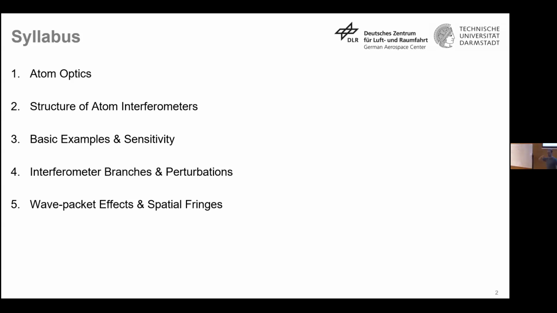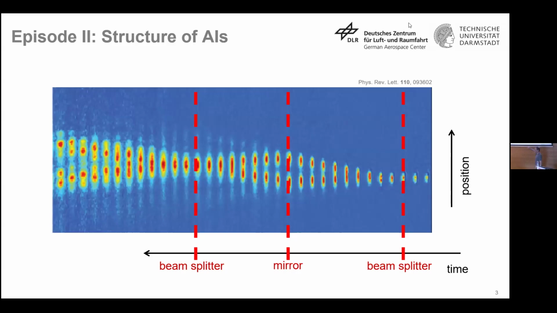Now, this is the plot that I showed you before with this odd time evolution. This here is the position. This is the cloud of atoms, just taking a picture of the position. And we saw, taking these pictures time after time, interacting with such a pi-half beam splitter, that 50% of the atoms move apart.